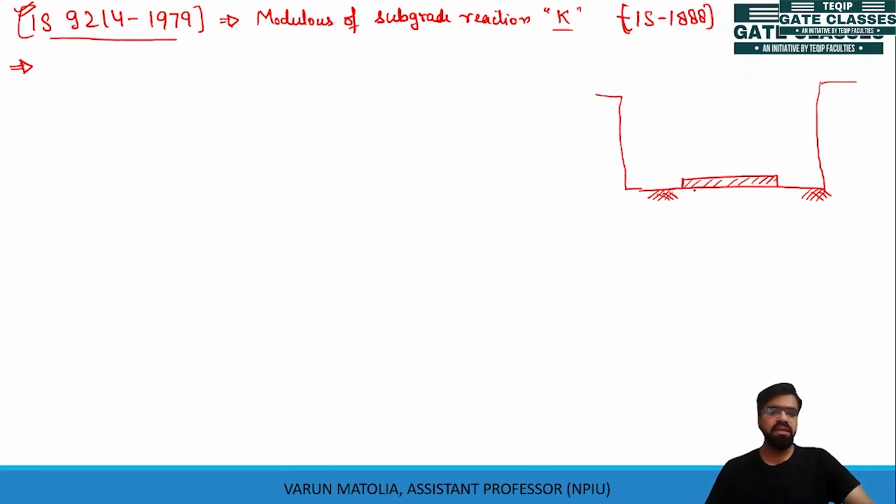The plate which is used is around 300 mm to 750 mm dia plate. For highways, 750 mm dia plate is used. You can star mark it. You should remember this.